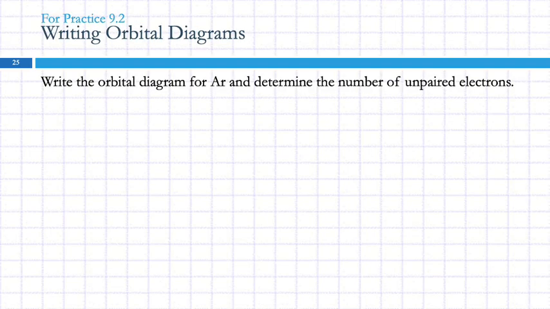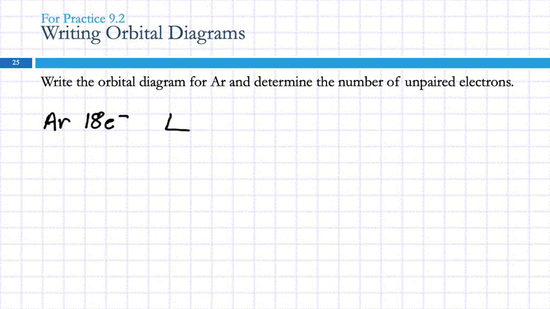So let's write the orbital diagram for argon. So the first thing we need to know is how many electrons does argon have? 18. Because element number 18 has 18 protons, it's got 18 electrons. Orbital diagram, this is the boxes.